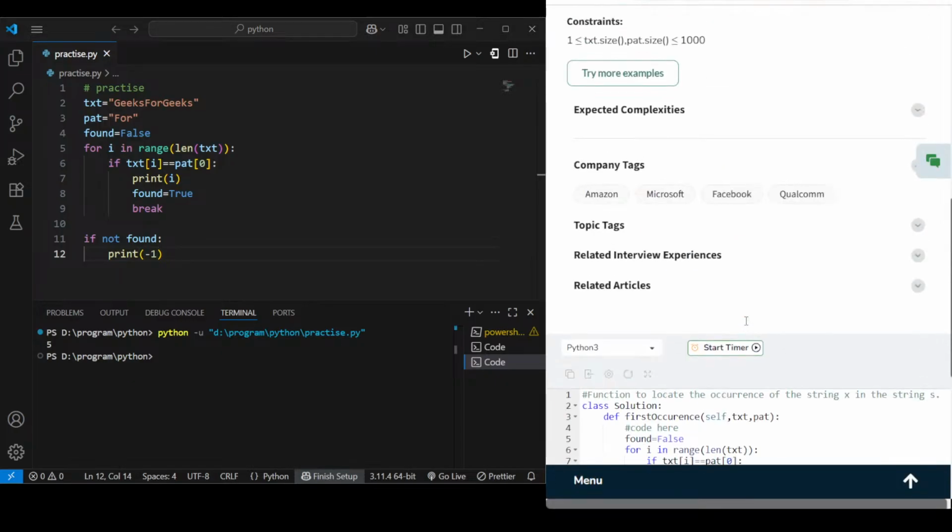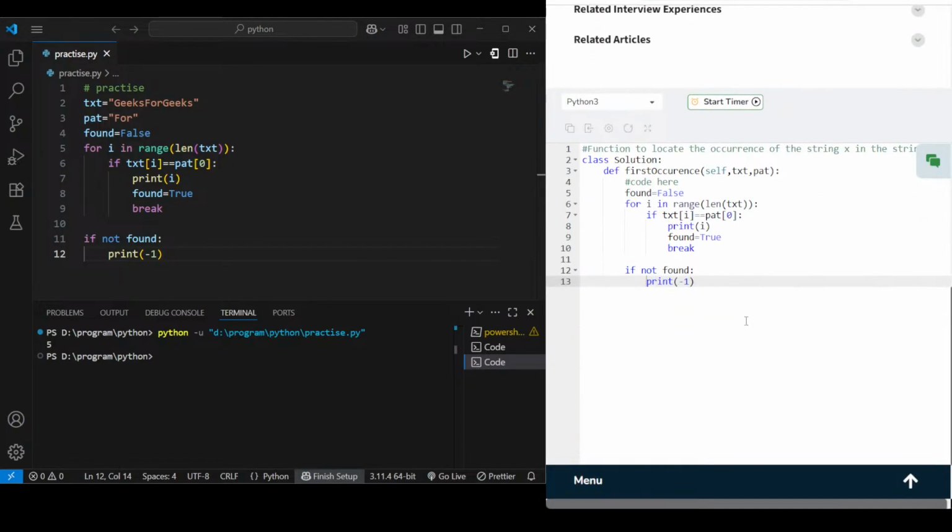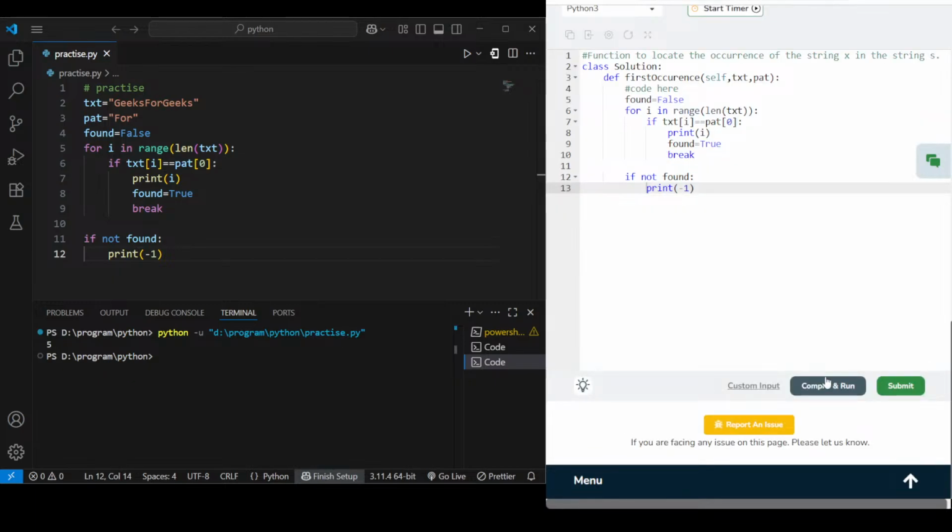Now let's go for this issue. What was the problem here?